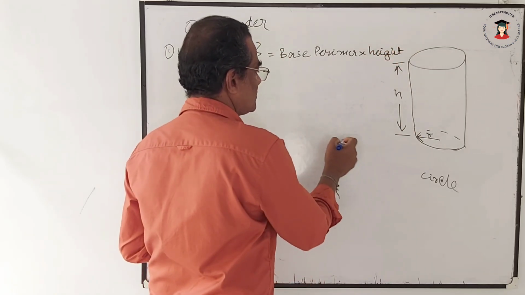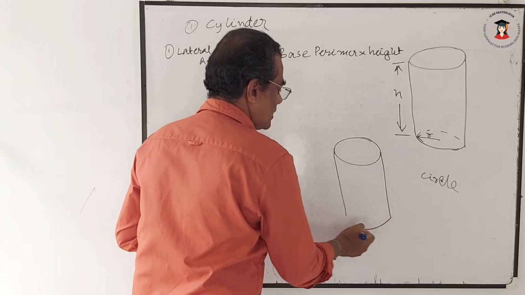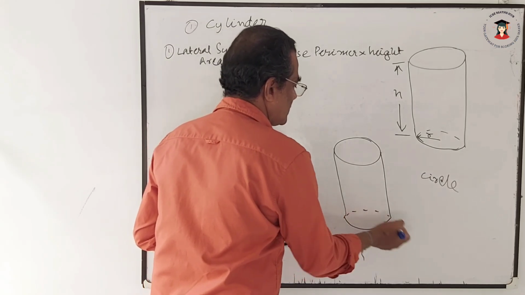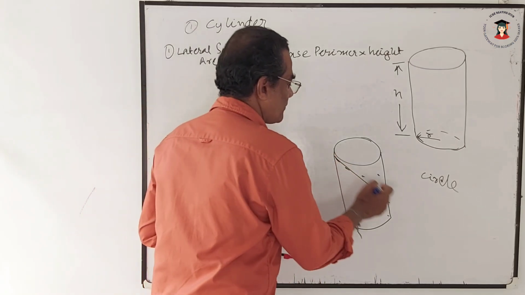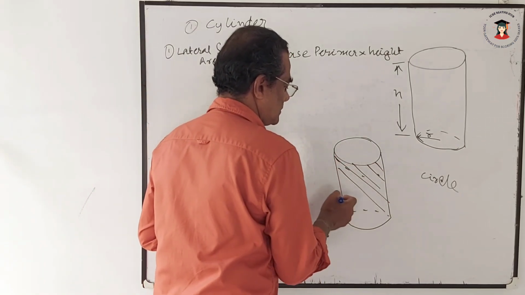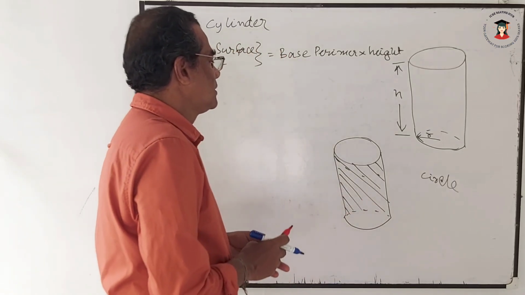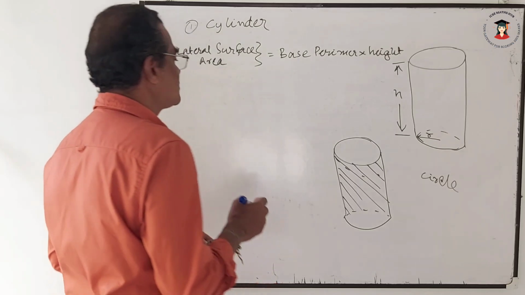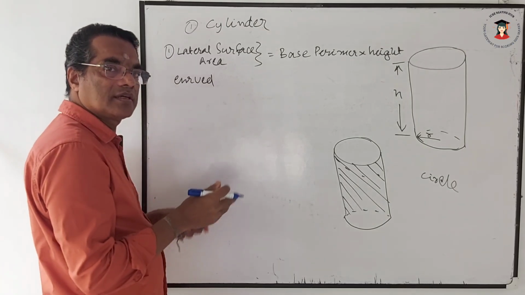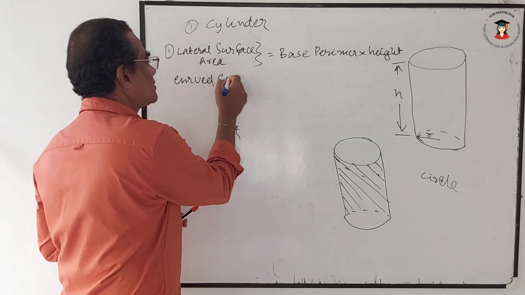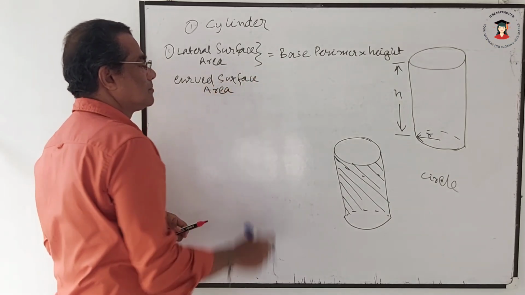Lateral surface area means the area of the lateral surface. That means the end surfaces are not included, only this area. Lateral surface area has one more name: curved surface area, as it is a curved surface. Both are same.